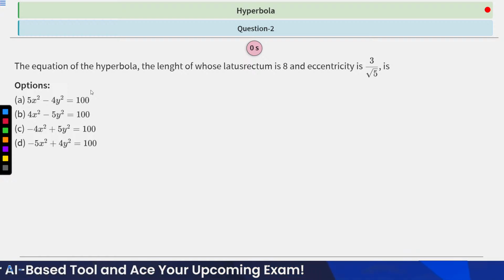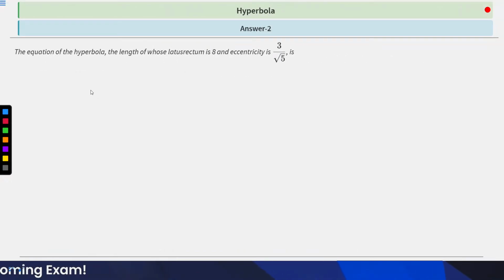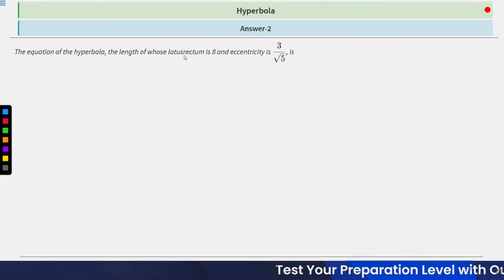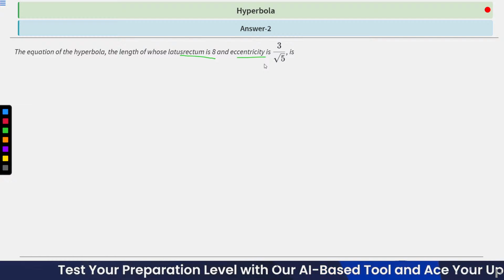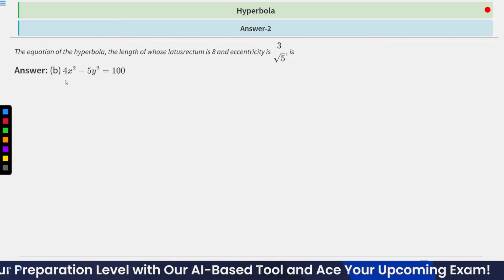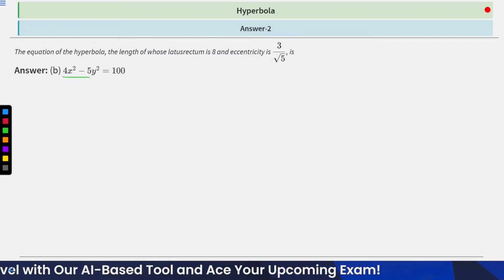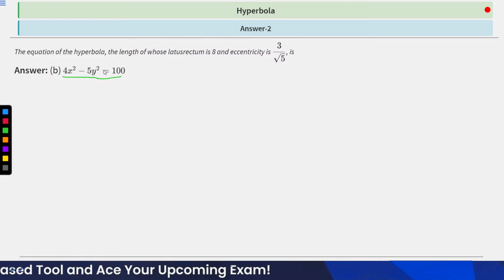So let's proceed towards the solution. Let me just once again read the question for you. The equation of the hyperbola with the length of latus rectum 8 and eccentricity 3 by root 5 is. The correct option will be B, 4x square minus 5y square is equals to 100.